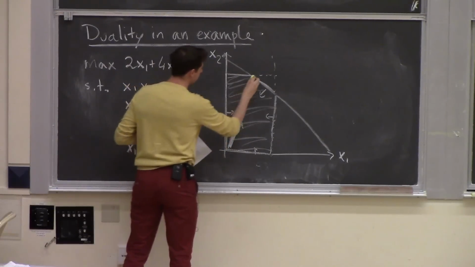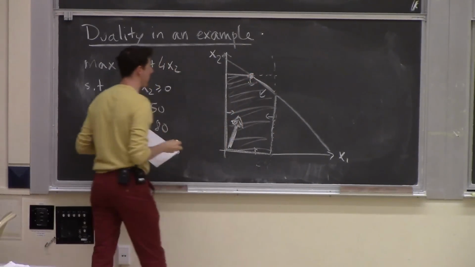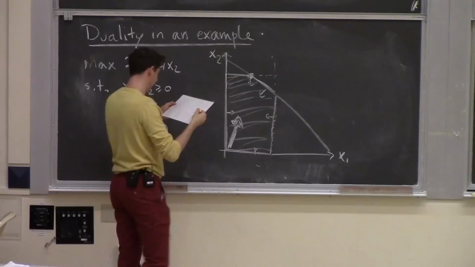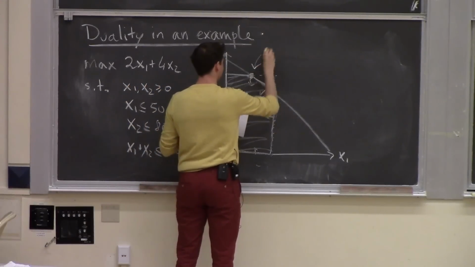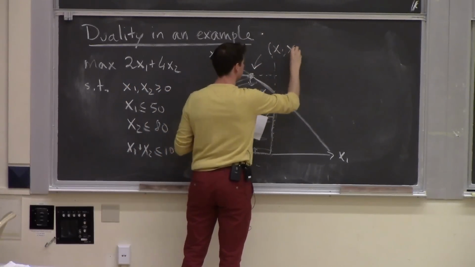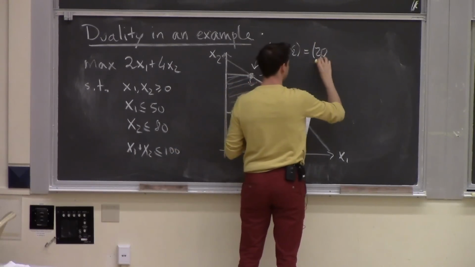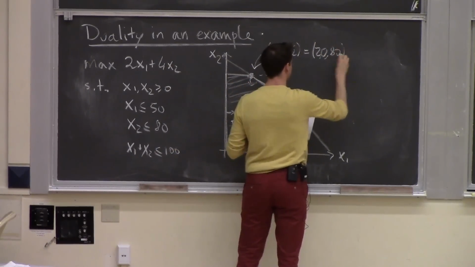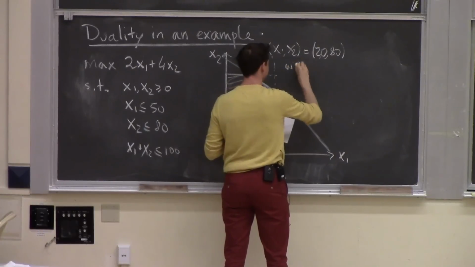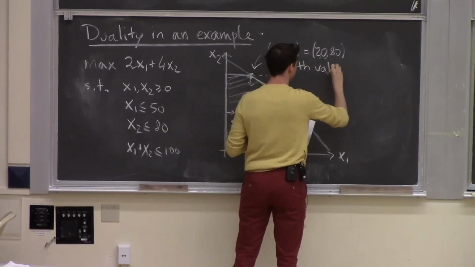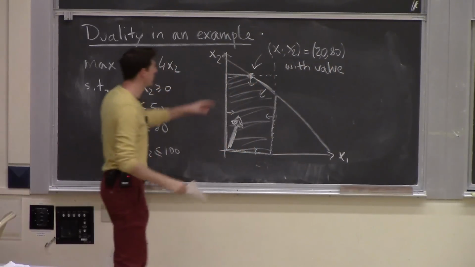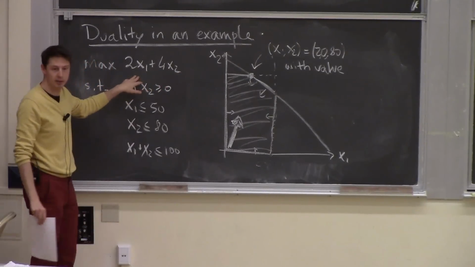So this turns out to be the solution, the optimal point. If I remember correctly, it was x1, x2 equals 20, 80, with value... so let's compute the value. If I'm at 20, 80, what's the value here?